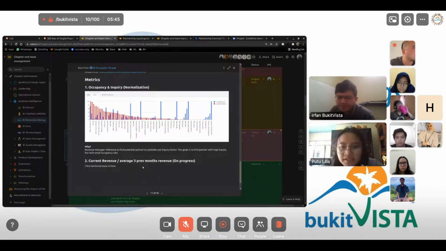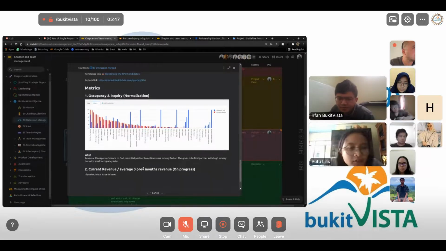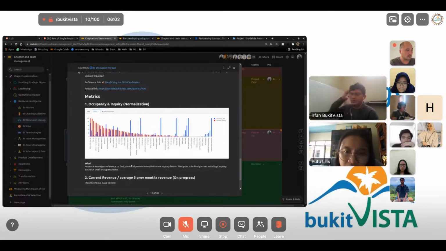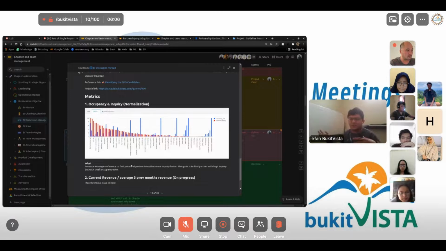I have a question, Irfan. Can you give me an example from your picture in occupancy and inquiry, which property should I optimize? And what is the definition of inquiry normalization? The normalization is just to rescale the range from 0 to 100.